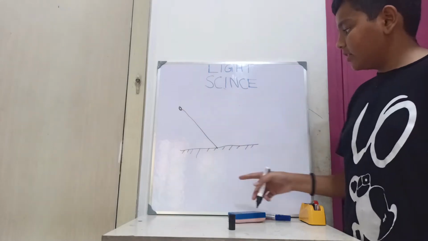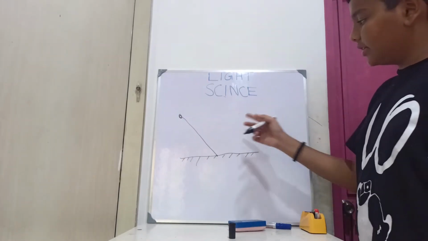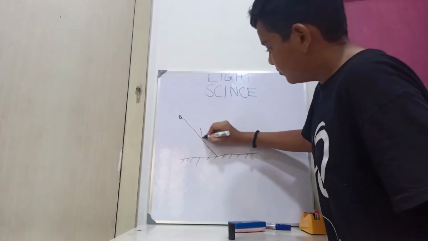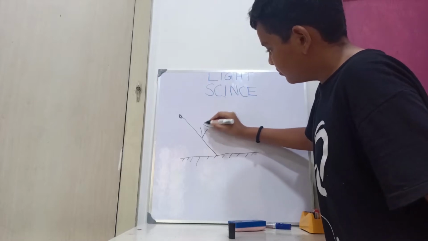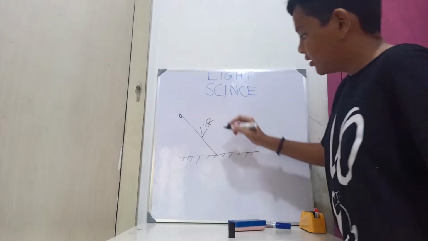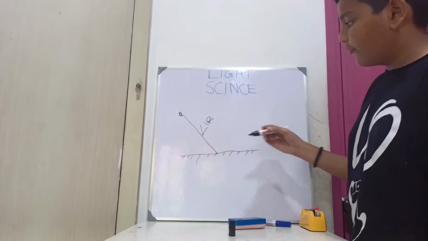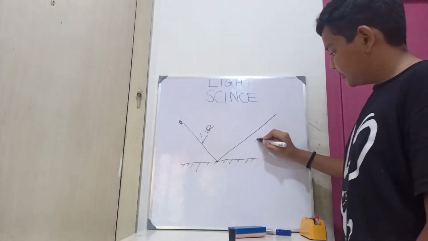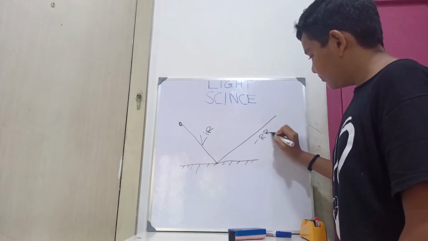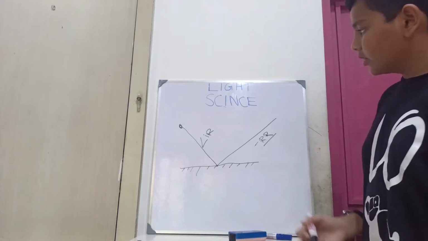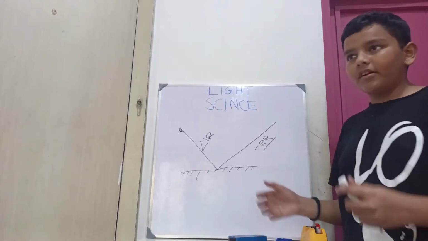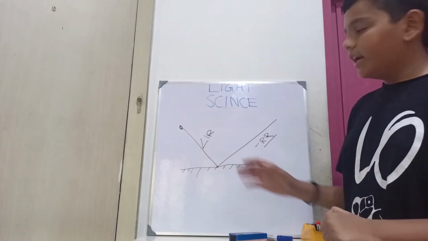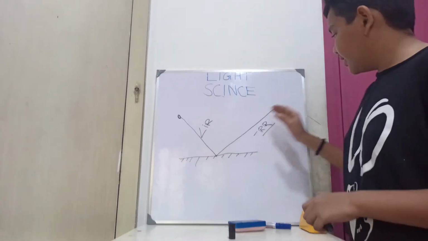The light which strikes any object is called the incident ray, and the light ray which comes back after hitting it is called the reflected ray. So a source of light, for example a torchlight, falls on a plane mirror and reflects back.